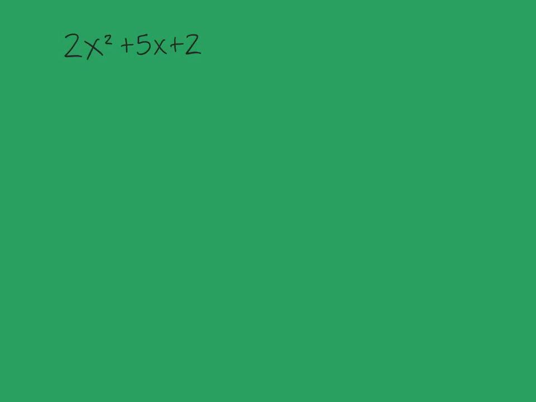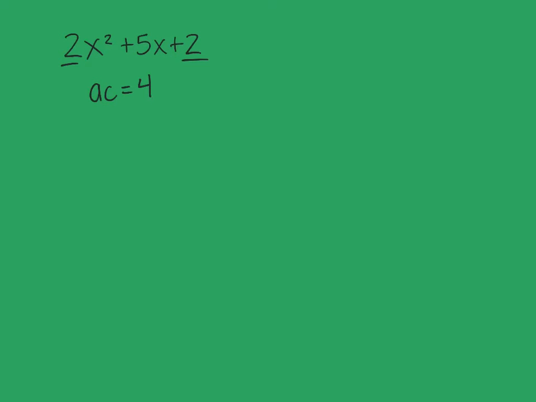Okay, so anyway, going through this one, 2x squared plus 5x plus 2. The first step is to multiply the a times the c. In this case, the a is 2 and the c is also 2, so I'm going to multiply 2 times 2 to get 4. Now I'm going to think of numbers that multiply to get 4 and add to get 5.